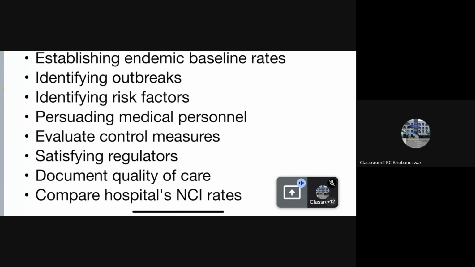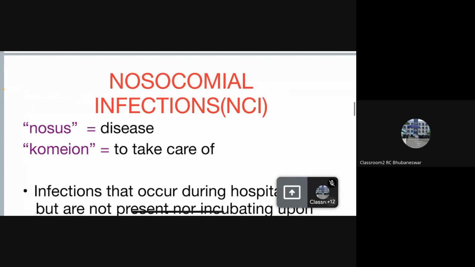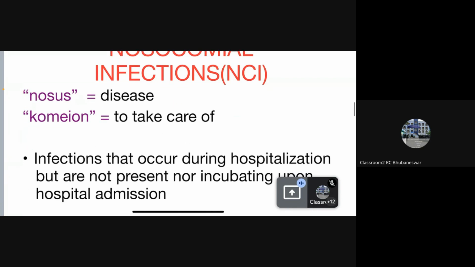So what is NCI? NCI is nosocomial infections. Nosus means disease and comion means to take care of. So these are the infections that occur during the hospitalization, and they were neither present nor incubating upon the admission.